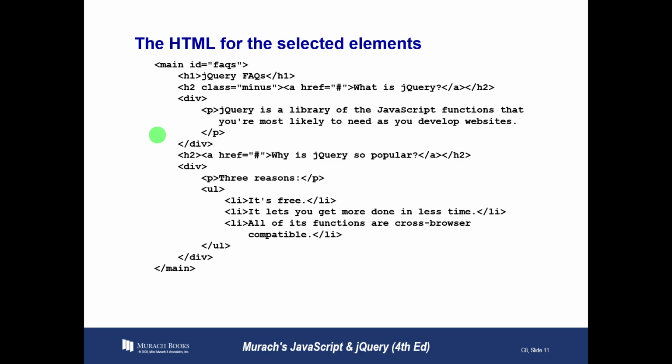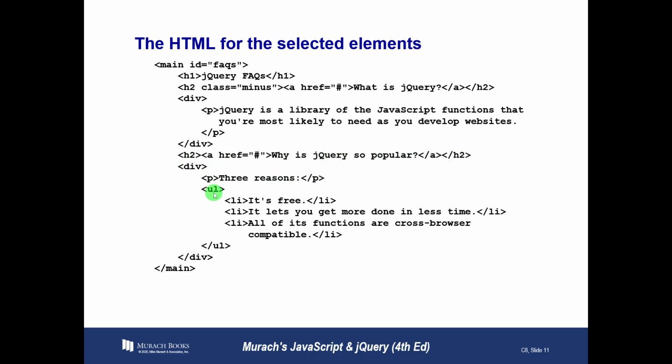So let's take a look. We have a little web page. This is the FAQs web page. We have a main section. We have an H1 header. We have an H2 class. What is jQuery? We saw that class minus, so you know that's one we can click on, plus and minus, and close it up. We've seen some of this. Why is jQuery so popular?